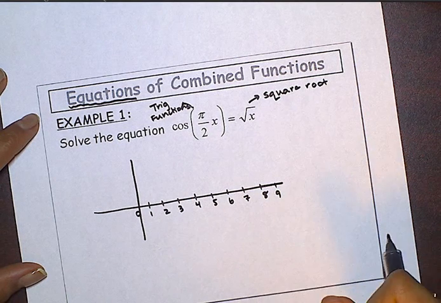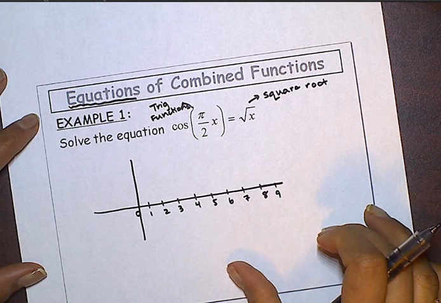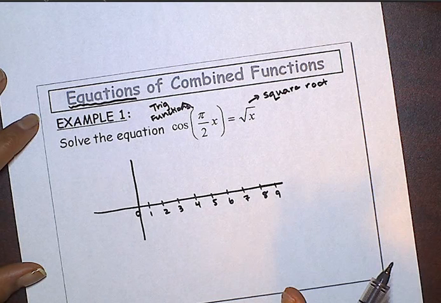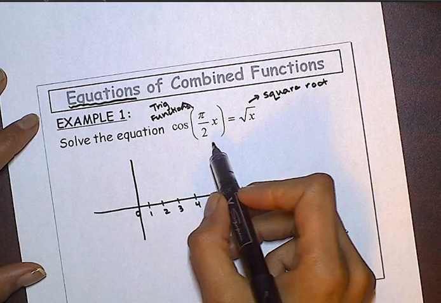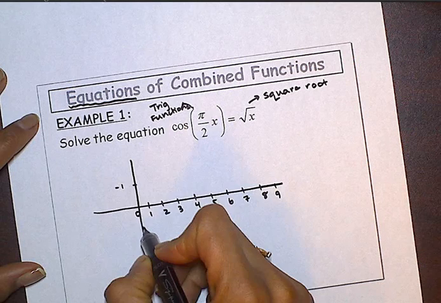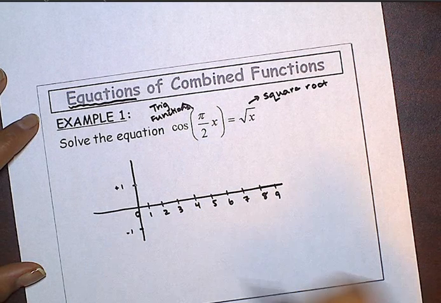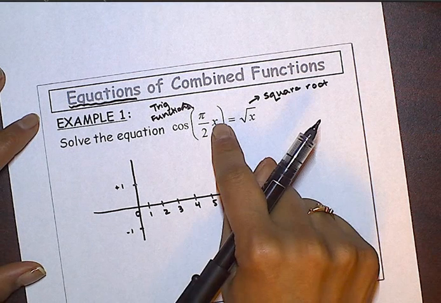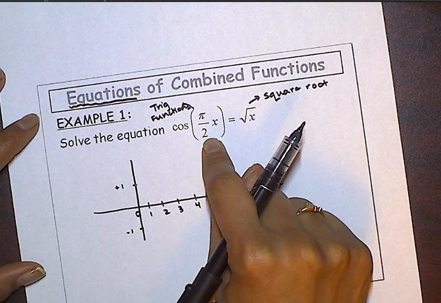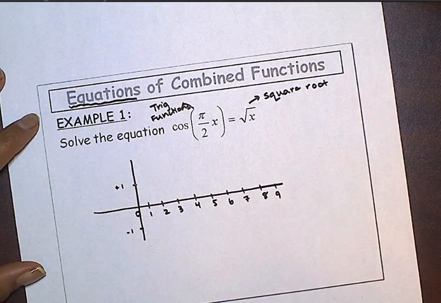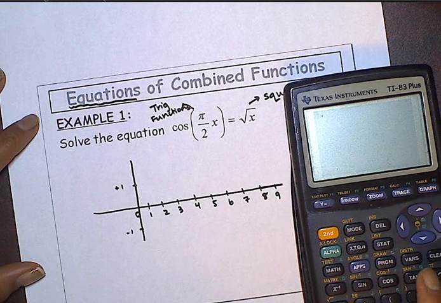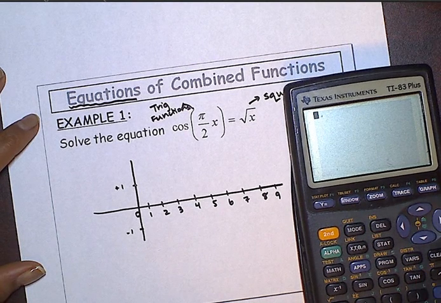So let's go ahead and graph cos of pi over 2x, with positive 1 and negative 1 on the y-axis. When x is equal to 1, I have cos of pi over 2. If you want, you can use your calculator. You already know how a cosine graph looks. Cos of pi divided by 2 is 0, so when x is 1, that's 0. When x is 0, cos of 0 is equal to positive 1.